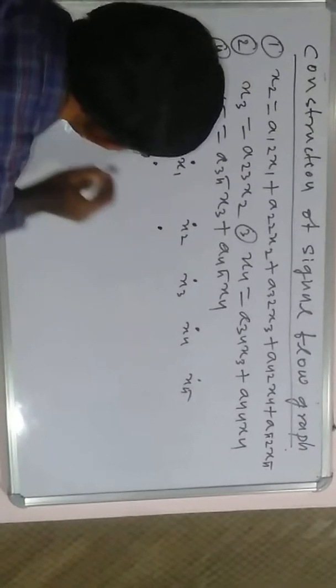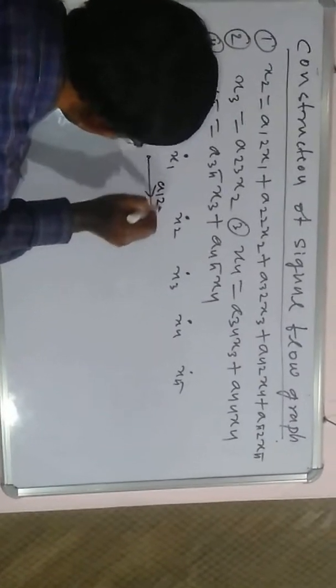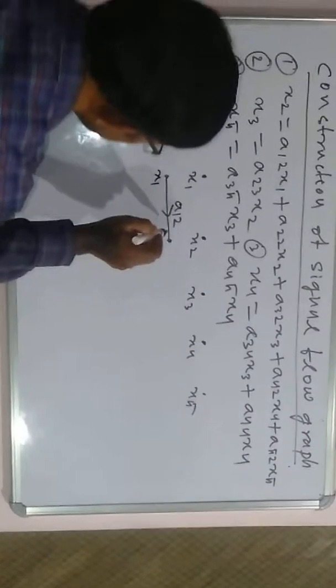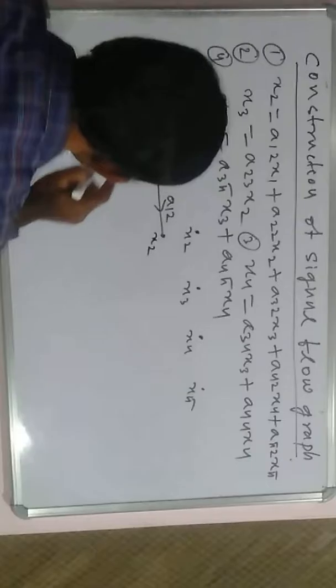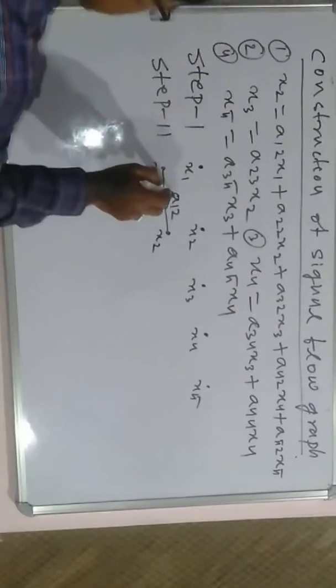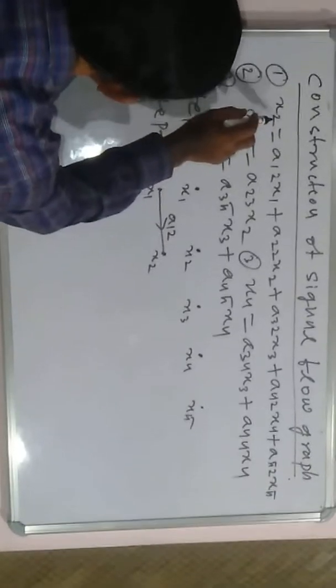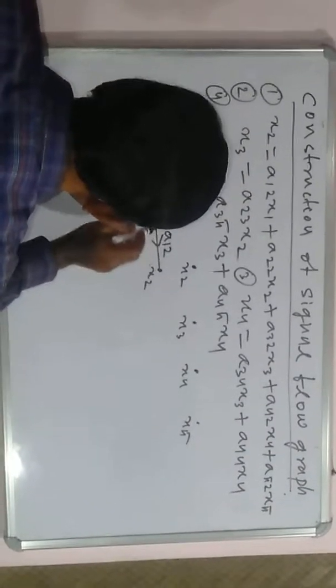This is a12, that is it starts from node 1 and enters node 2. So this is satisfied: x2 is equal to a12 x1.